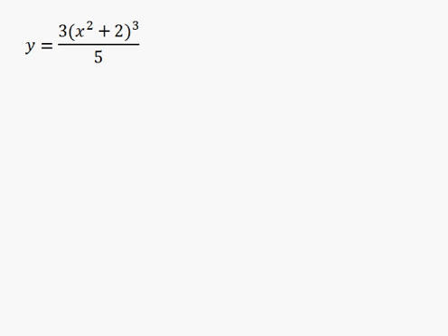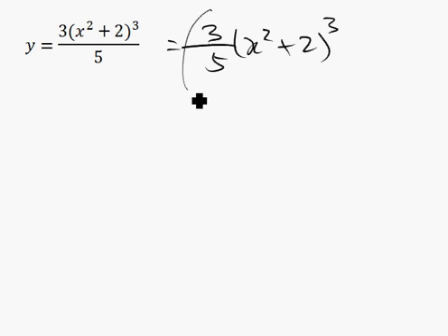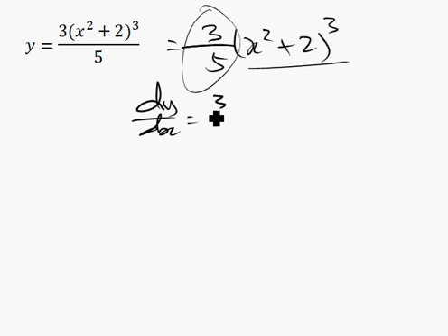Let me rewrite it like that. I will write it as 3 over 5, and then I have x squared plus 2 to the power 3. This makes it a lot easier, doesn't it? It's just a number multiplied to a function. So to differentiate this, dy dx, the 3 over 5 I can ignore, and then I'll differentiate this, bring down the 3, right? x squared plus 2, the same thing, the power reduced by 1 becomes 2.